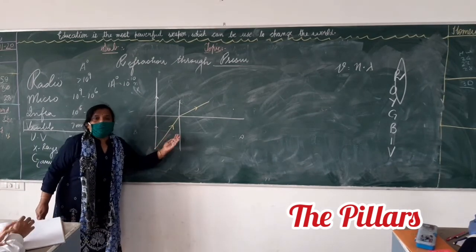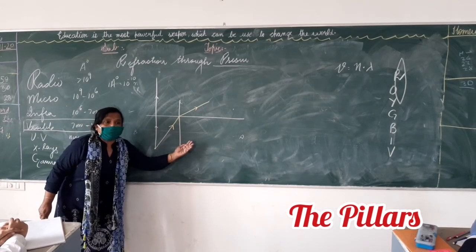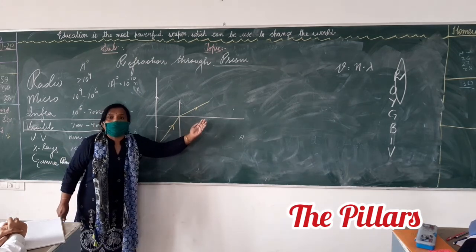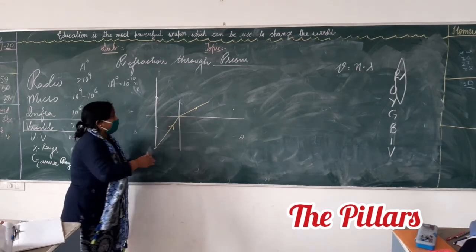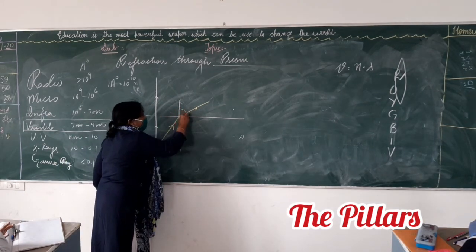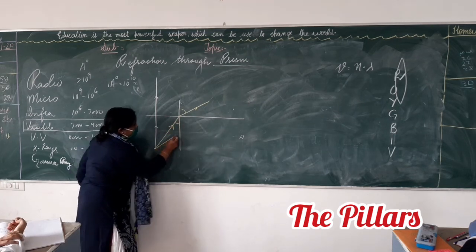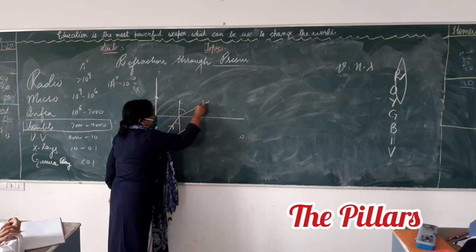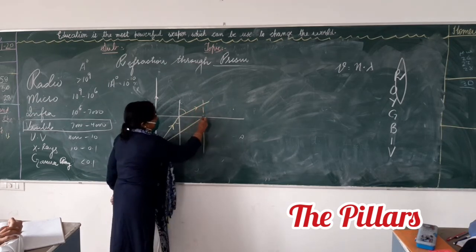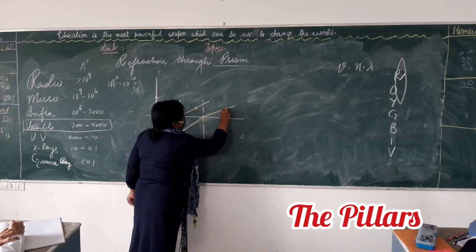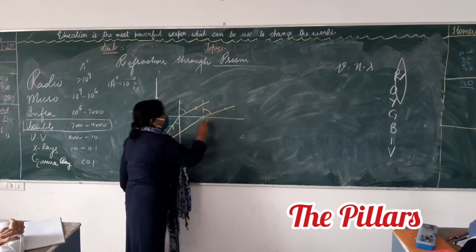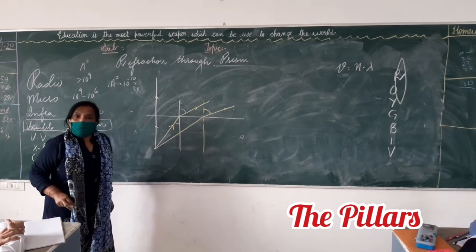If you keep increasing the angle of incidence, the angle of refraction also increases. See, this is your angle of refraction, this is your angle of incidence. Further, you increase the angle of incidence, the angle of refraction will keep increasing. Yes or no? Yes, ma'am.